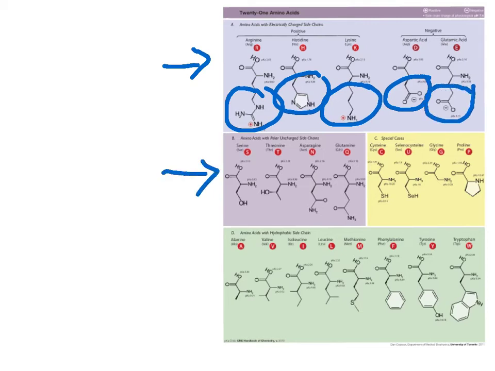They all have the same basic structure, but their R group is differing. Some amino acids have a polar side chain, but it doesn't have a charge. It's just polar because of its shape. Some have a hydrophobic side chain, so they're nonpolar, so they're afraid of water. They're hydrophobic. And then there are a few that have very special R groups that set them apart from everything else.